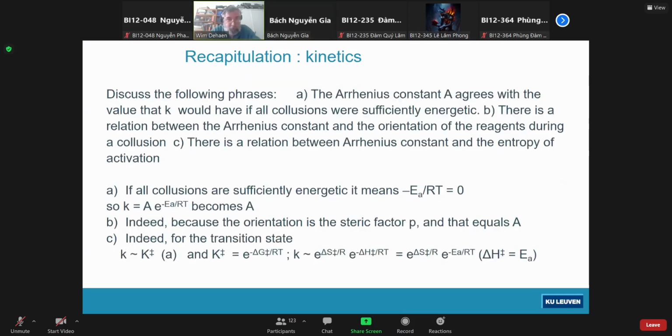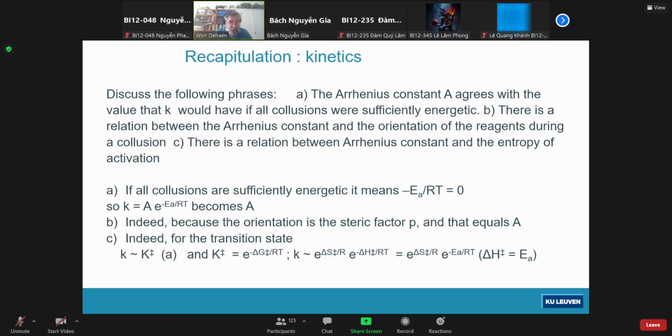So at this point here, we have a number of questions which may help to understand this kinetics chapter. So we have the Arrhenius equation.